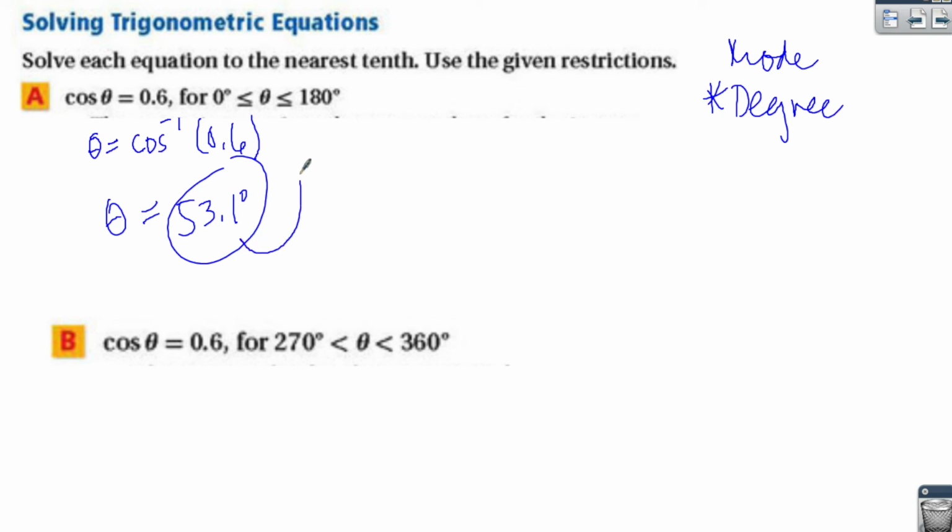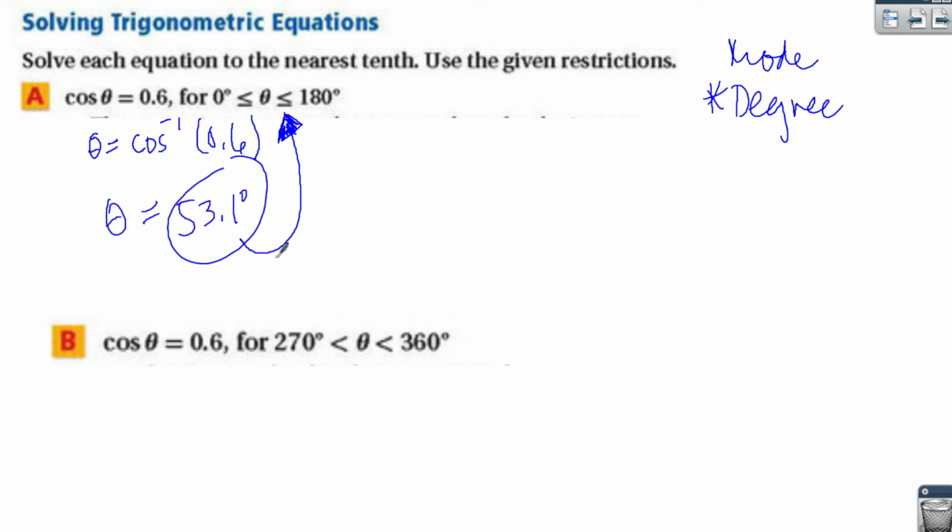You need to confirm that the measurement you obtained agrees with the restriction provided. Is 53.1 degrees actually within the range that you were given? If so, then that's your final answer. In this case, it does agree with the restriction, so that's our final answer.